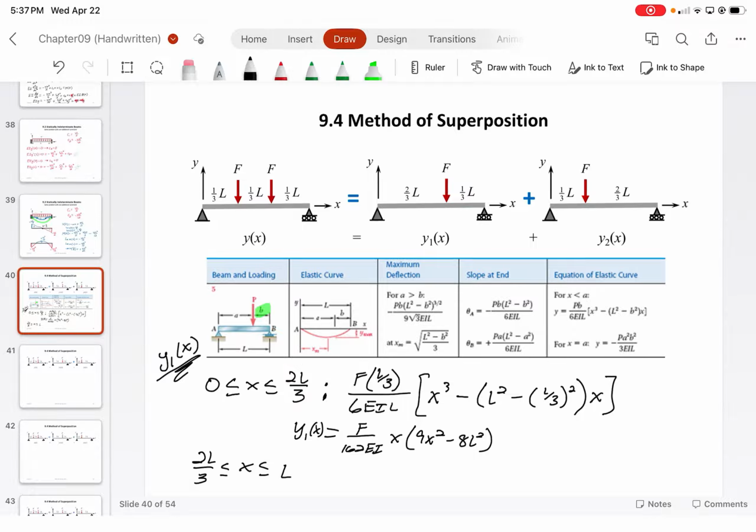This is a little bit of a challenging one. In this case, if we were looking at this equation here, what would x basically be?